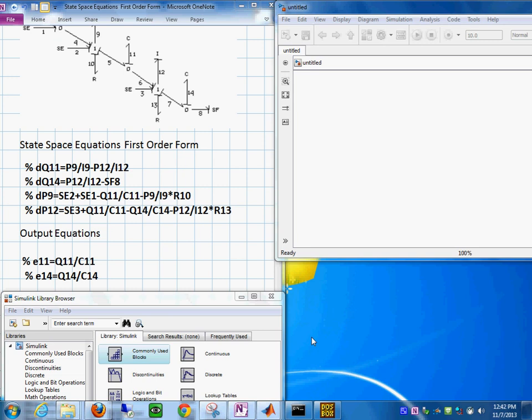As you could see, the 4 differential equations at the top, the state space equations in first order form, with Q11, DQ11, DQ14, DP9, DP12. That means DP12 dt, DQ9 dt, and so on. And then you have the output equations for the 2 pressures, E11 and E14, on the bottom. So our task right now is to use these equations and produce a block diagram, which we are going to do directly in SIMULINK at this time.